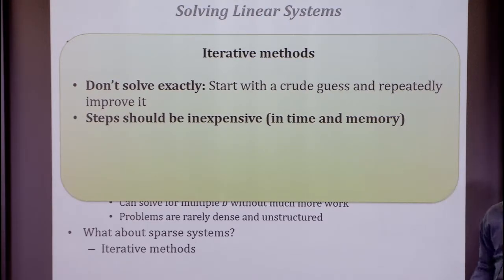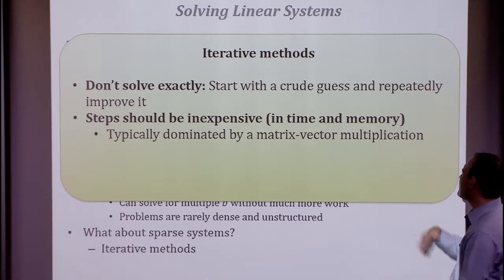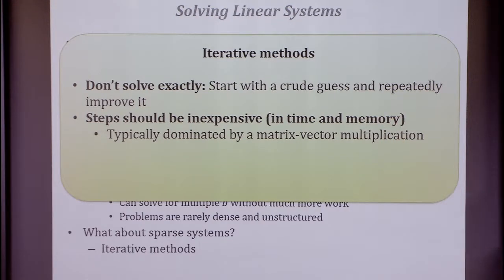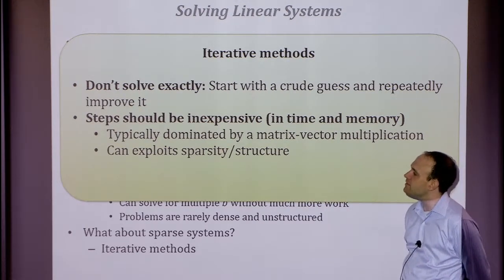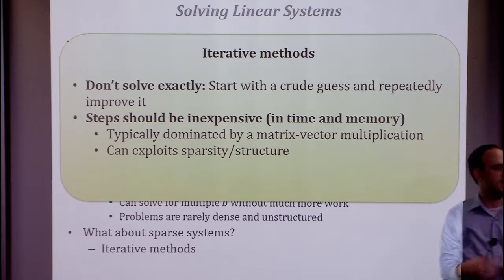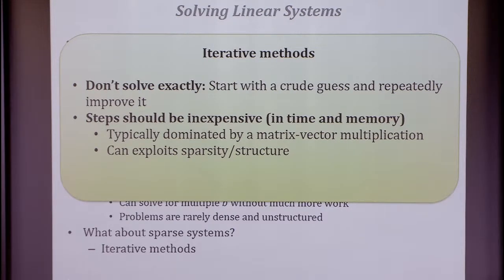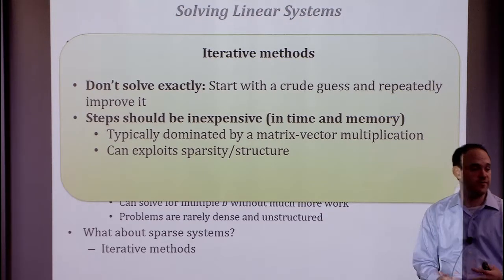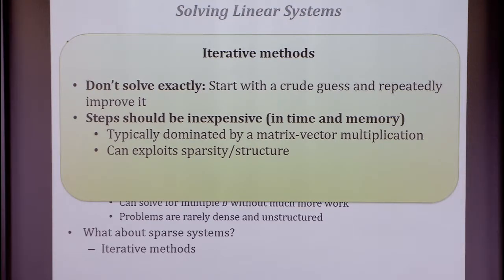And you also want it to be very fast. You should think of each step as a constant number of matrix vector multiplications plus some other less expensive stuff, like some vector additions. And the hope is that if you're doing only matrix vector multiplications per iteration, you can exploit the sparsity, because if you multiply a matrix times a vector, sparse matrices are certainly faster to do that with than dense matrices.